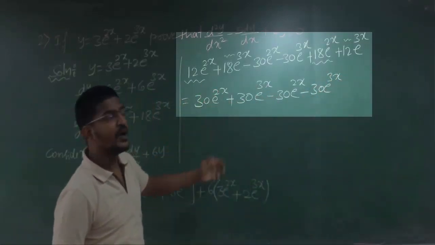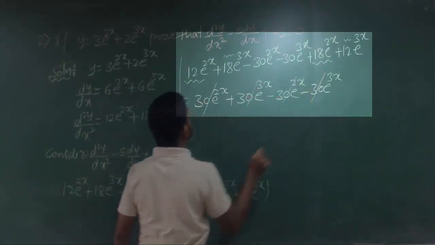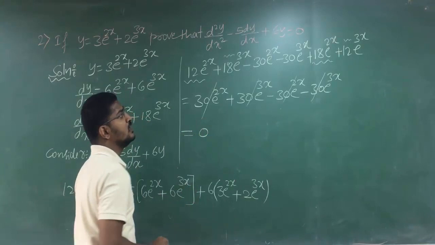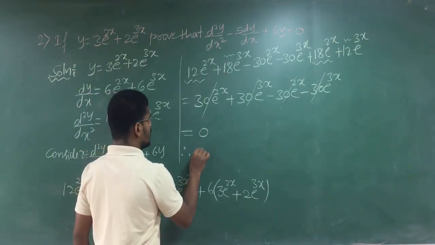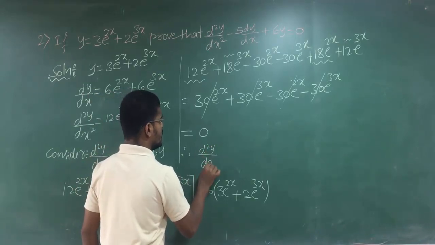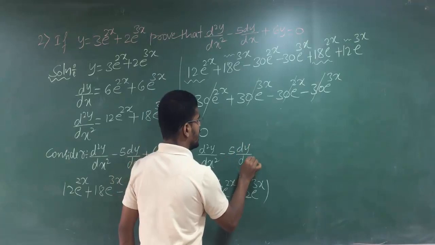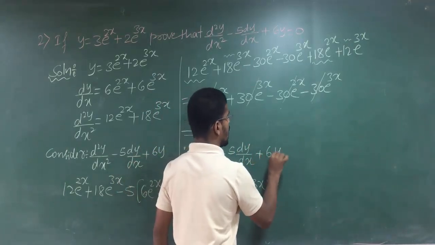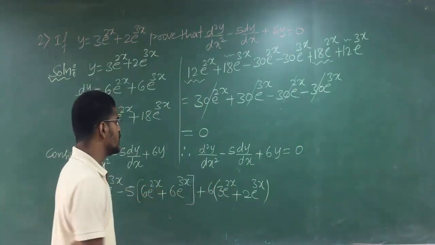If I simplify this, you can cancel these terms. Therefore your answer will be equal to 0. Therefore d square y by dx square minus 5 into dy by dx plus 6 into y will be equal to 0. So this is your solution.